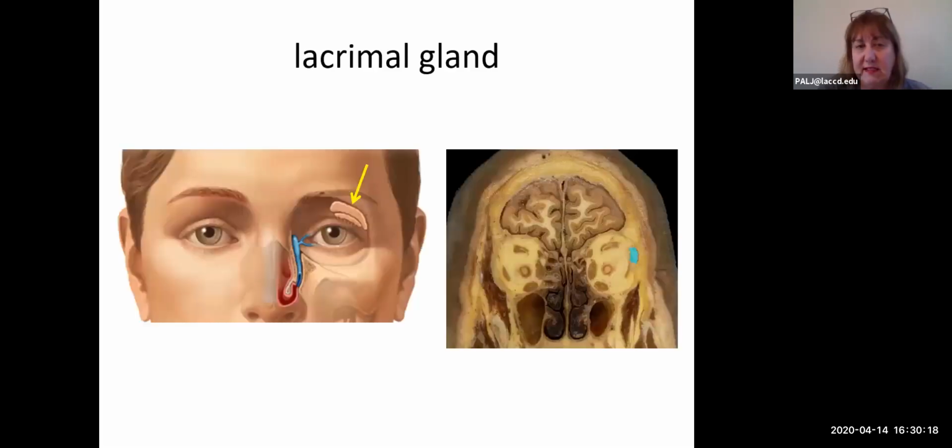So in the eye socket, which is made up of all those cranial bones you learned about previously, between the eye and the eye socket, there's a lot of adipose tissue, but then there are a couple of glands known as lacrimal glands. And each eyeball has a couple of lacrimal glands, and they're on the upper outer surface of the eyeball.